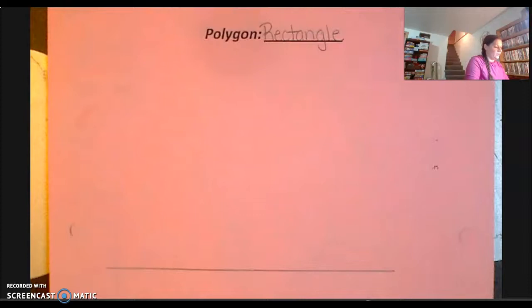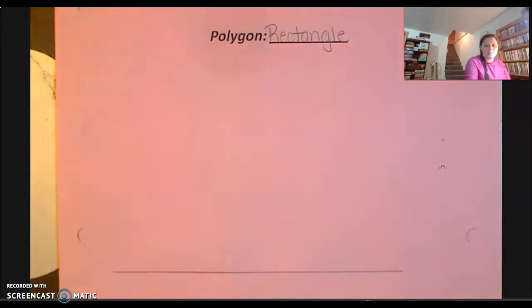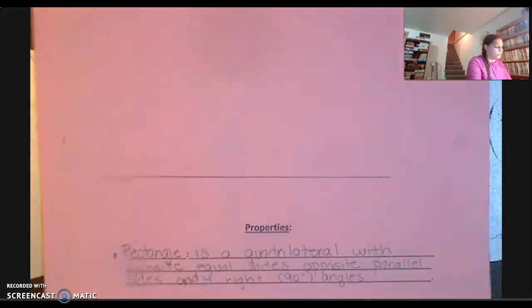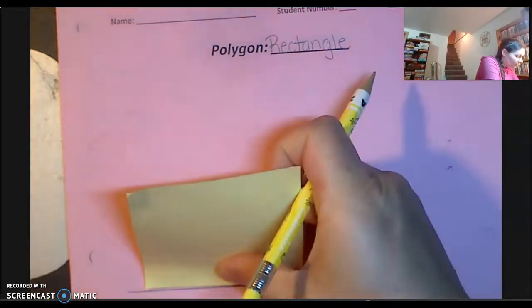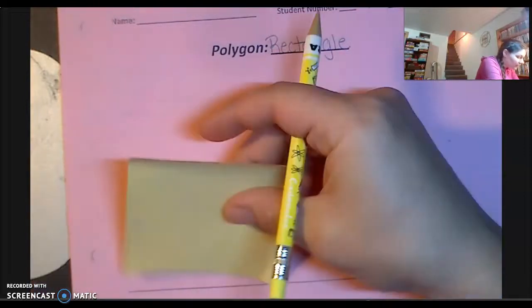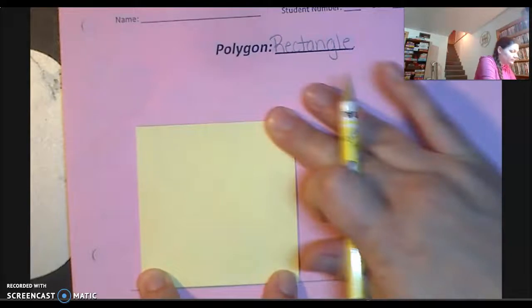Pretty simple to start with. The next thing I'm going to do, because I remember that it said in my properties that it has four right angles, I am going to use my set square and stick it right here on that line.